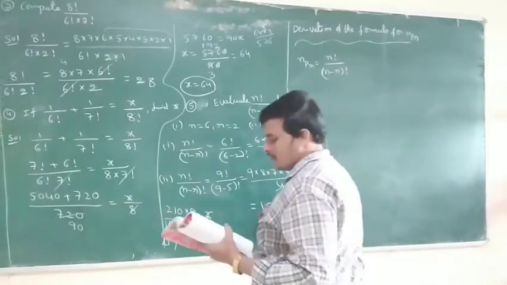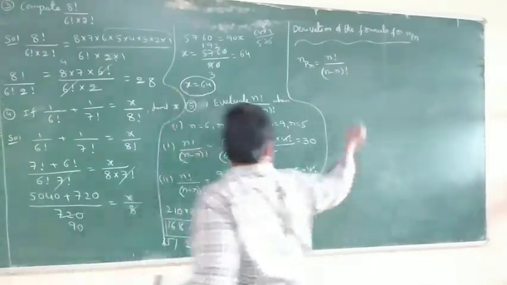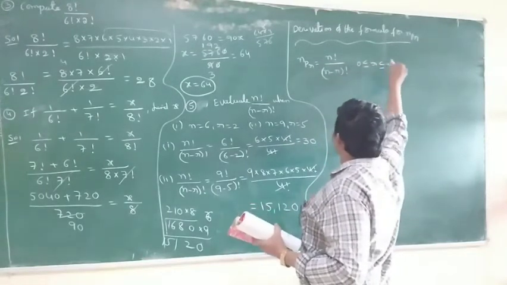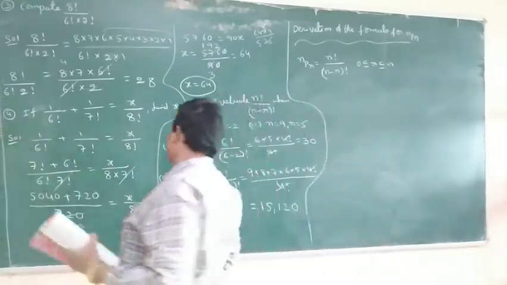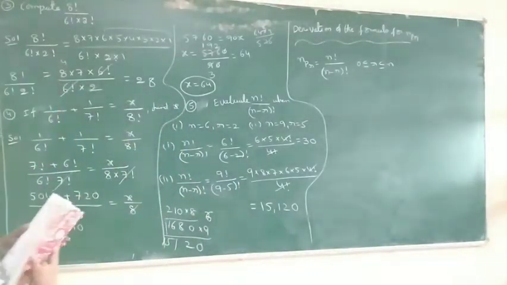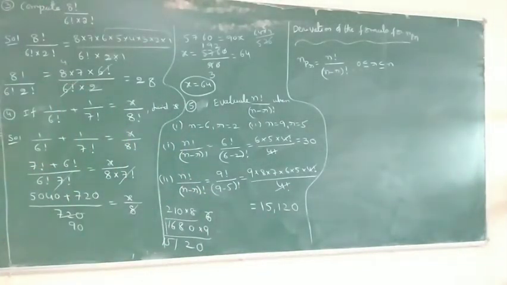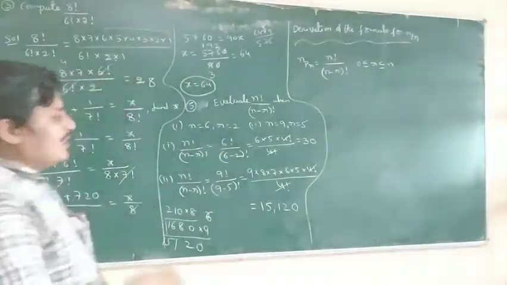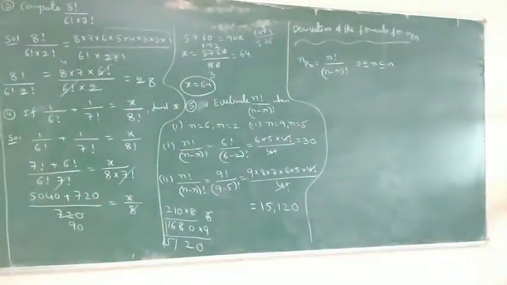This is a very important formula, where 0 is less than or equal to r, which is less than or equal to n. nPr formula, very important one. nPr is equal to n factorial by n minus r factorial.